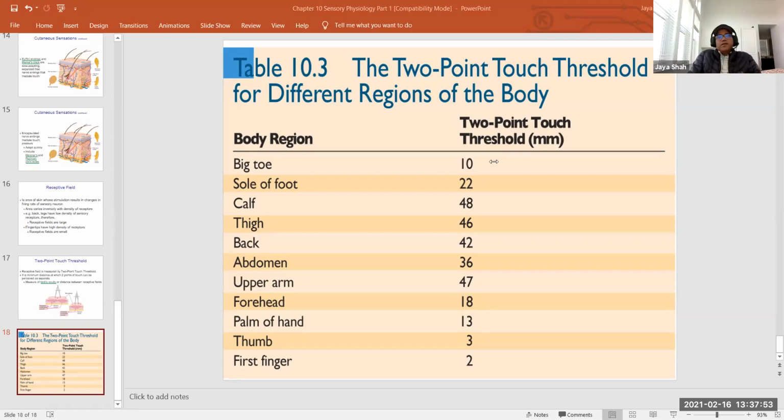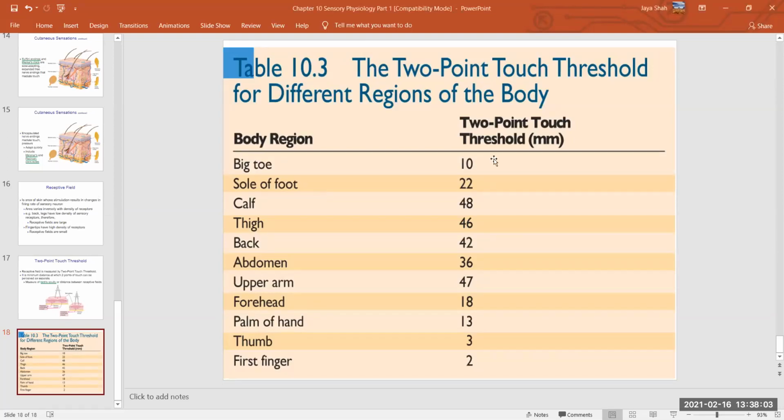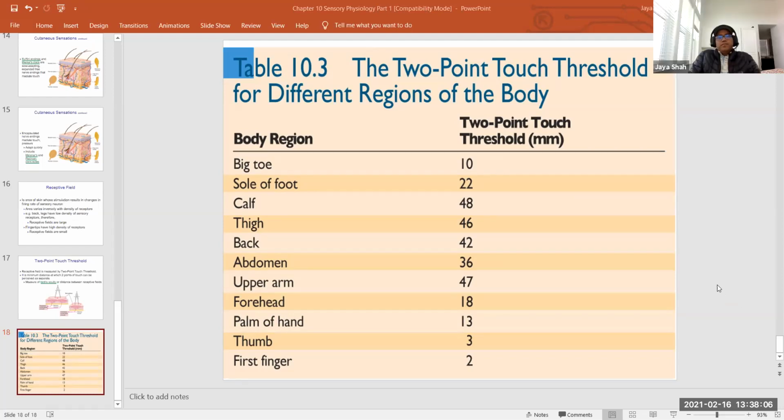Let me ask Bella. Are you there, Bella? Yes. Based on this table, which area has the least sensitivity to touch? The calf?